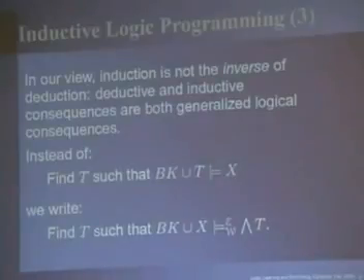So what you have is on the left-hand side, and what you want is on the right-hand side. So it's not inverting classical logic, it's making a more complex logical inference.